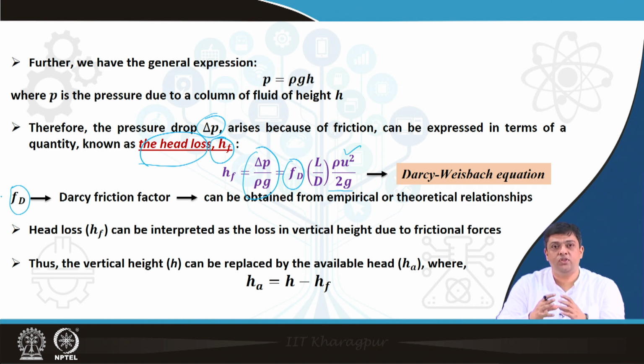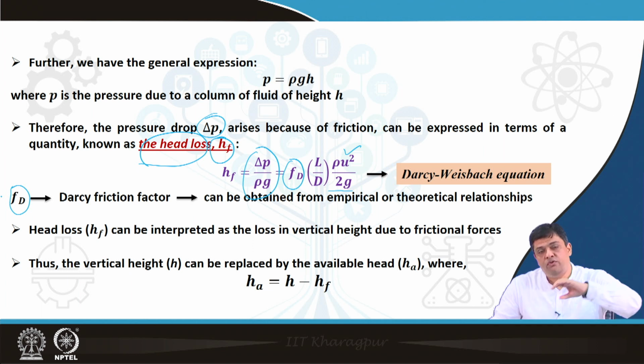So, you would have thought that the pressure you will get at the turbine blade would be rho g h, but because there are frictional forces which act on the flowing fluids, that results in what?